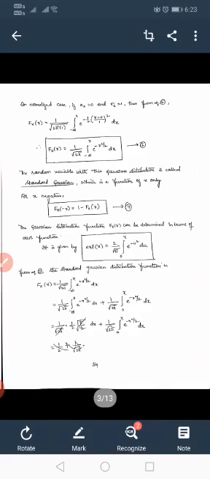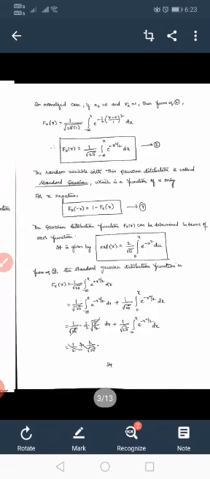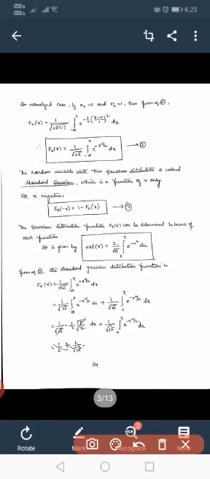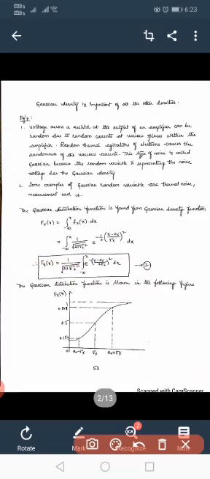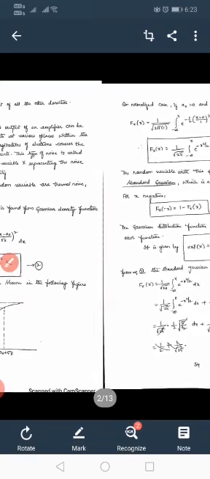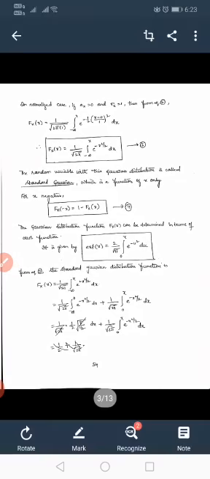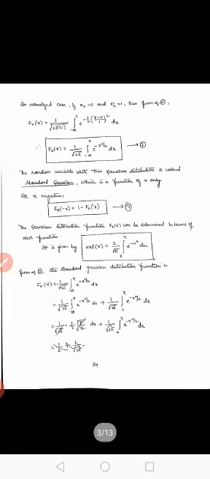Next one, if we consider the normalized case, substitute ax equal to 0 and sigma x value as 1. Then what will we get? FX(x) equal to 1 by root 2 pi, integration from minus infinity to x, e power minus x square by 2, dx.